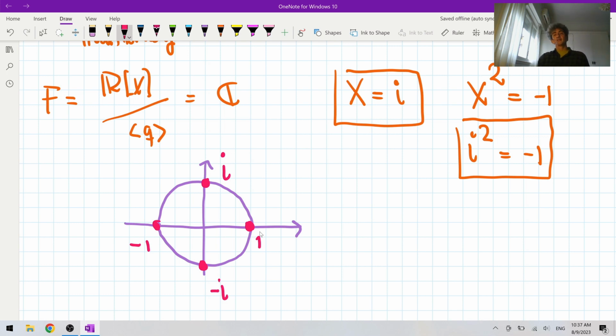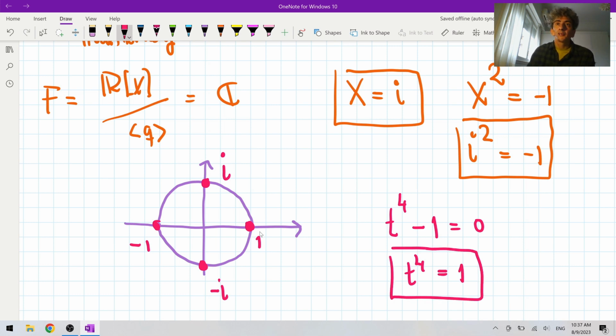Okay, so this is the group of fourth roots of unity. All of these elements satisfy the equation t to the 4 minus 1 equals 0, or t to the 4th power equals 1. All of these elements satisfy this equation, and we view them as elements of C.